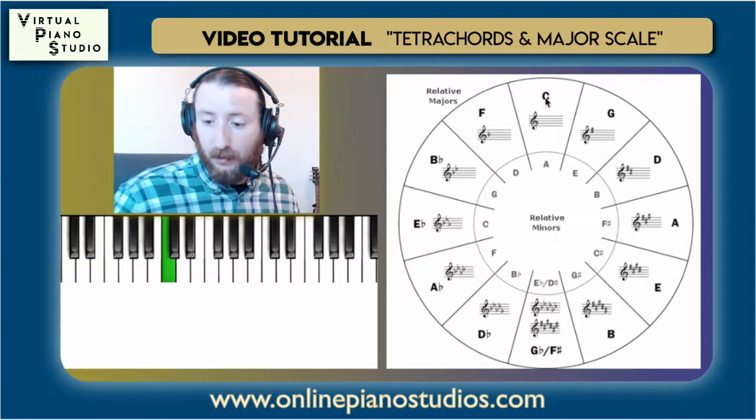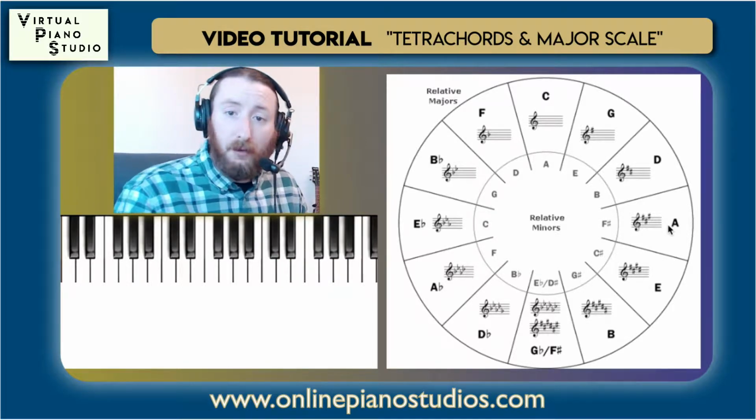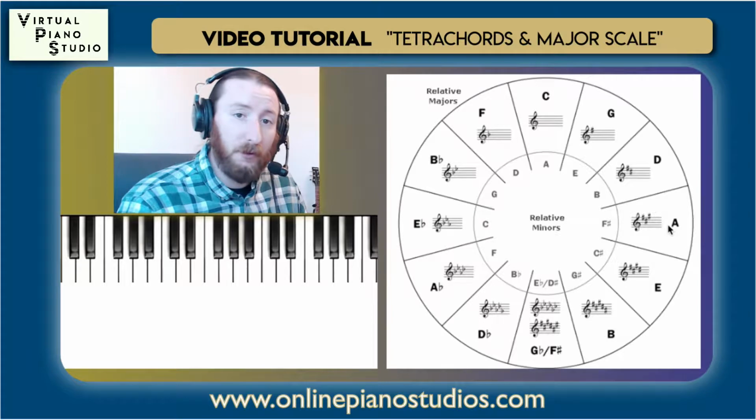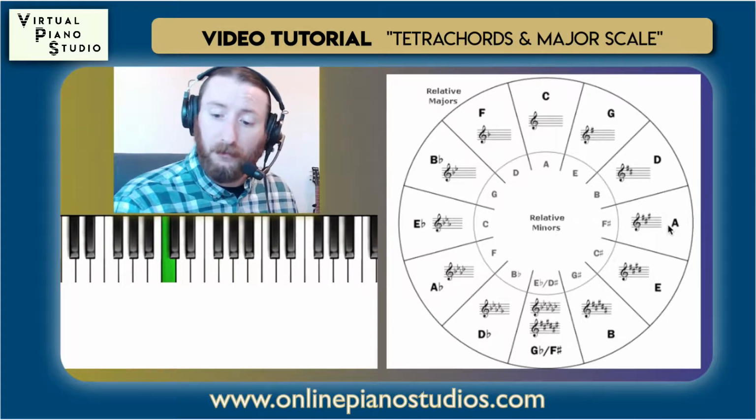C, up to the fifth note G, up to the fifth note D, up to the fifth note A, and so on and so forth. So that's why it's called the circle of fifths. This is a fifth interval from the first note to the fifth note of the key.